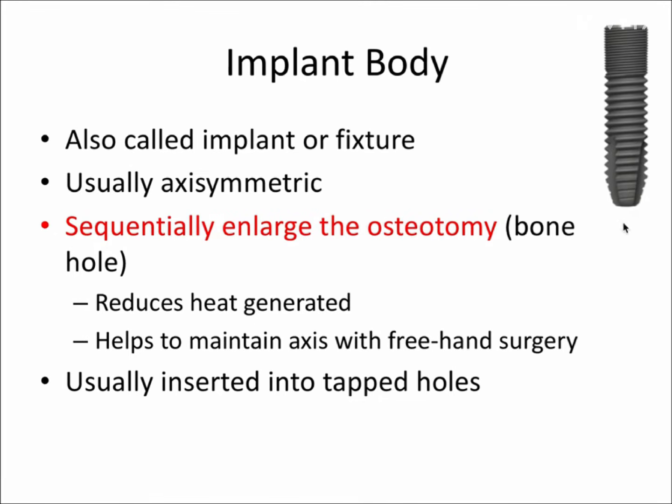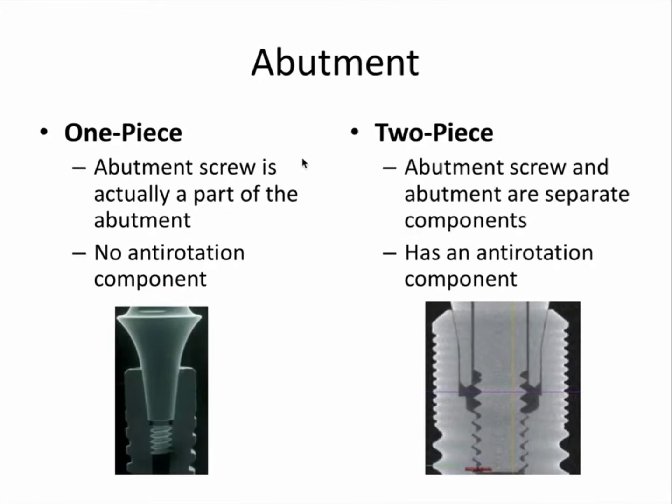However, some of these implants are self-tapping, and you can see that by these little gouges that are made in the apical part of the implant. And so they essentially cut and create their own threads as they're drilled into the bone hole, and thus do not require this step. So that's some big picture information about the implant body.